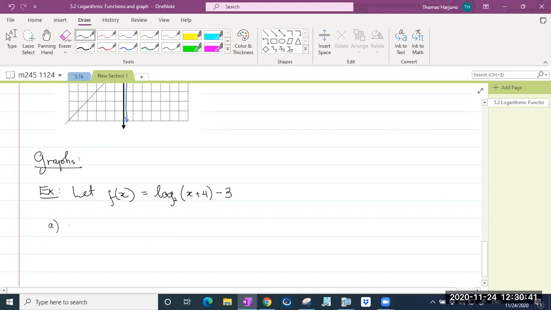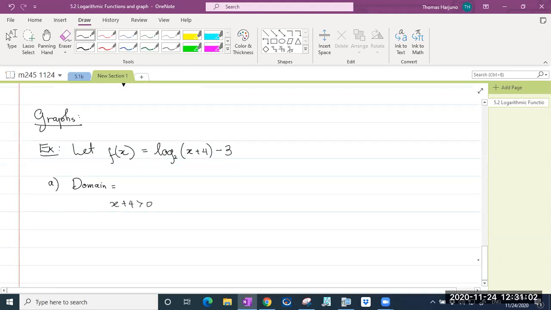Part A, what's the domain? Look at the argument, x plus 4. Okay, so x plus 4 has to be positive. Remember, the argument of log has to be strictly positive. So the domain will be x greater than negative 4, so the domain is negative 4 to infinity.